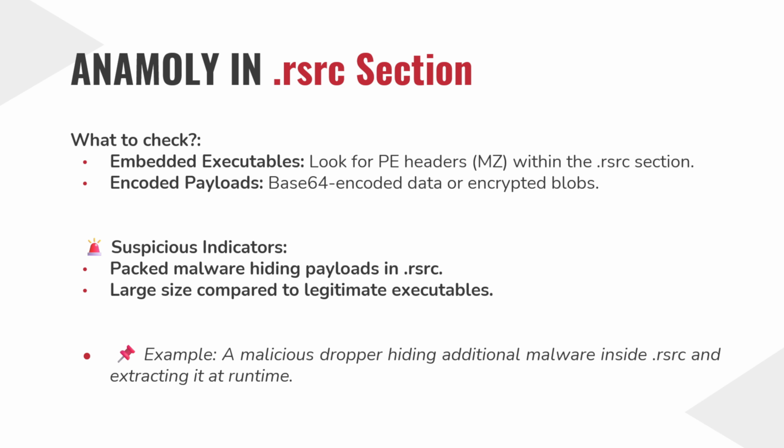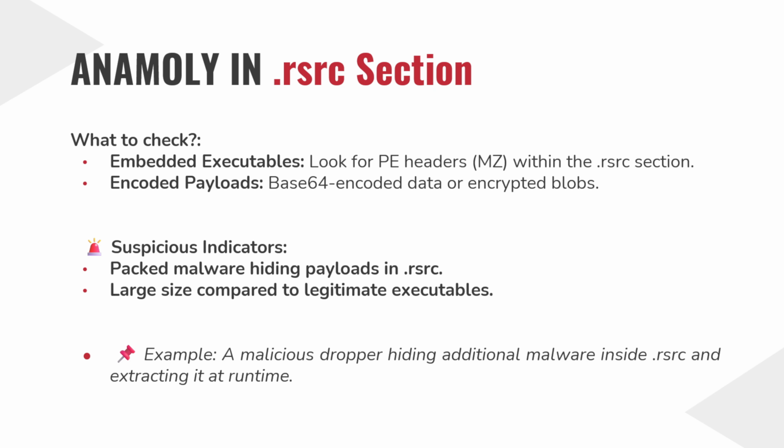Normally, the resource section contains legitimate resources like icons, dialogs, version info, or images used by the application. You may see various icons, like the close symbol or the dialog symbol, which appear in a PE executable, stored in this section. But in malware, this section is often repurposed to hide payloads.